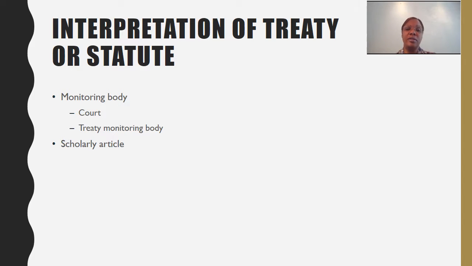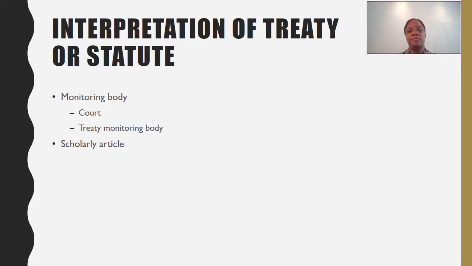And so scholarly articles also become very important in interpreting statutes. In parts 2 and 3, we are going to look at those types of instruments, the instruments of monitoring bodies or courts, and scholarly articles. But to continue our conversation here in part 1, we will look now at the treaty and how you can write about a treaty.